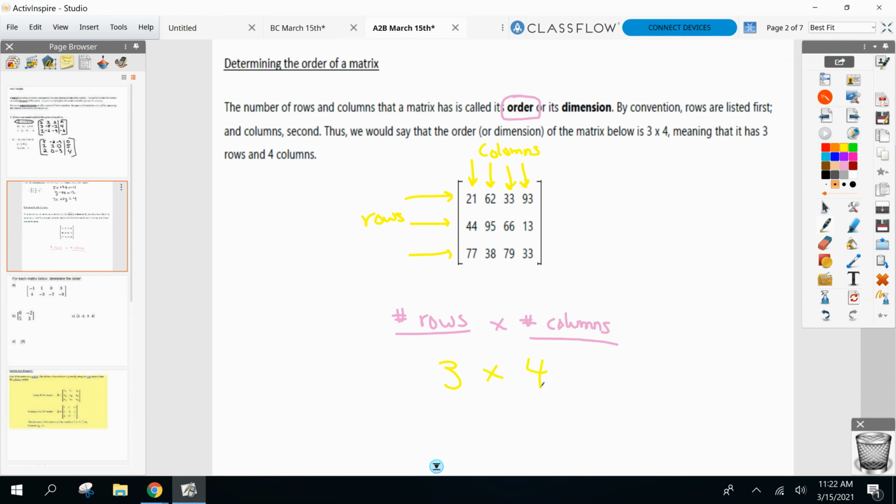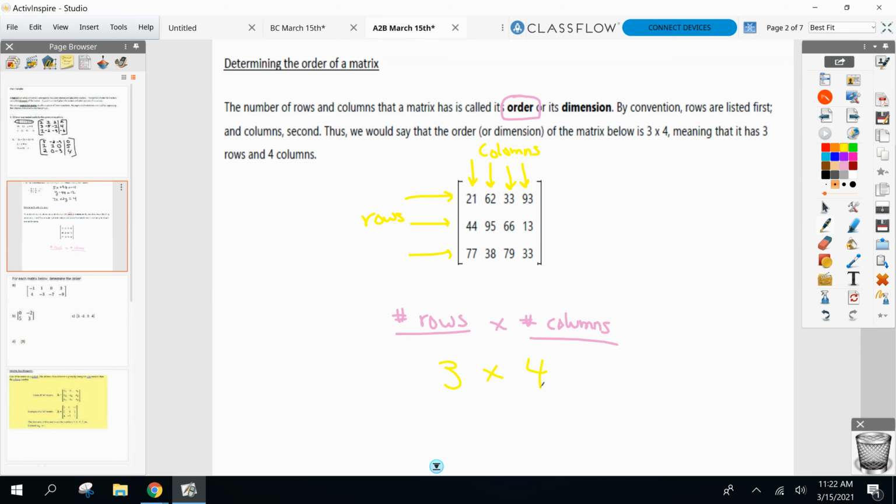So I say the order of this matrix is 3 by 4. It is a 3 by 4 matrix. Rows by columns. That's how I figure out the order, the size of a matrix.